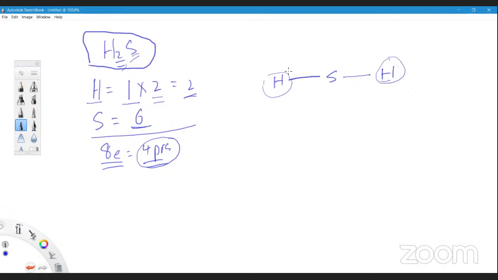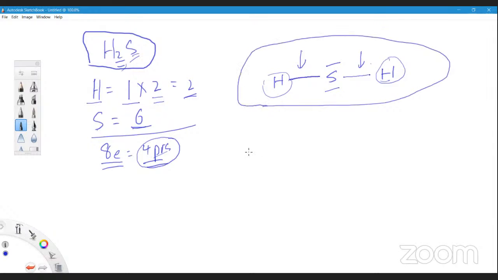Why? Because hydrogen can only have 1 pair of electrons on its outer shell, right? So that means that the remaining 2 pairs will end up on the sulfur. So we put 1 pair here and 1 pair here, and that's basically it as far as the Lewis structure of hydrogen sulfide is concerned. All right, so this would be the final answer for the Lewis structure of hydrogen sulfide.